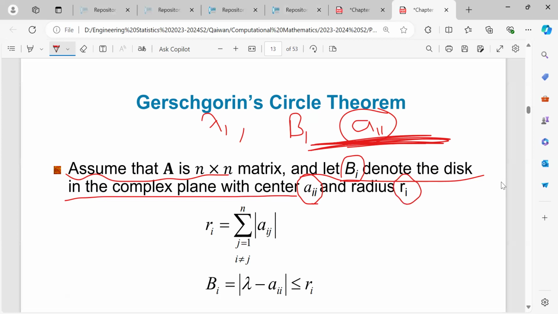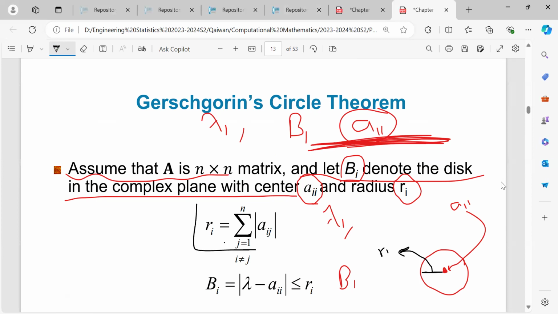So for lambda 1, we need to find B1. B1 is a disk, a circle, which has its center at a_11, and the radius is R1.